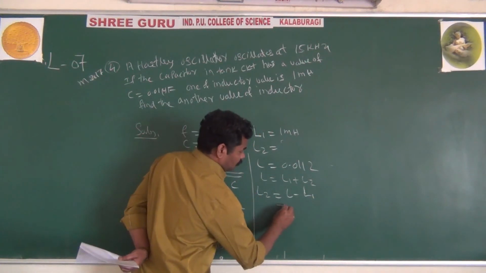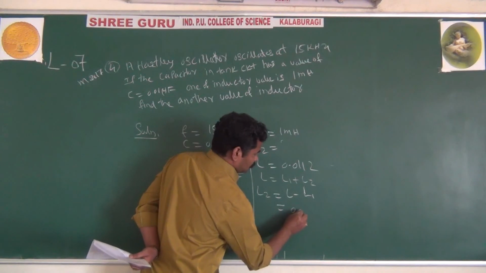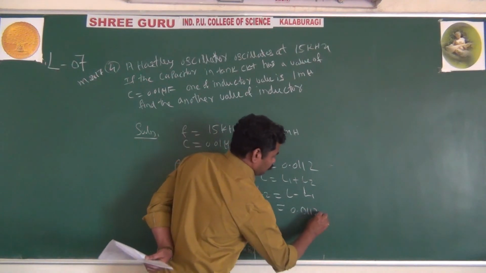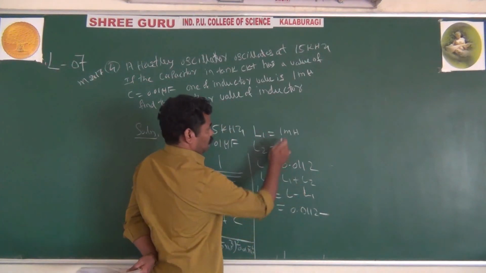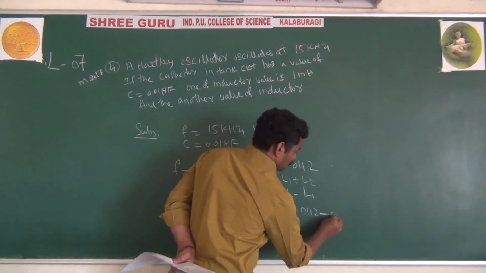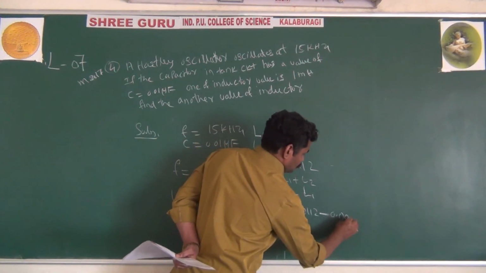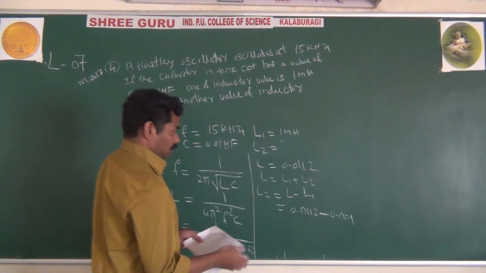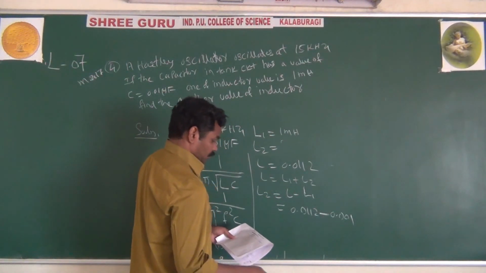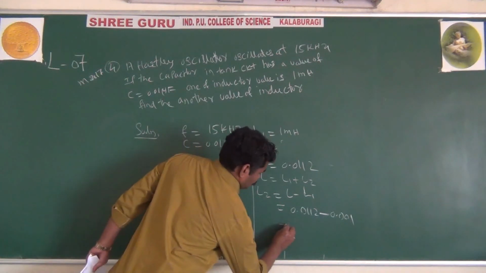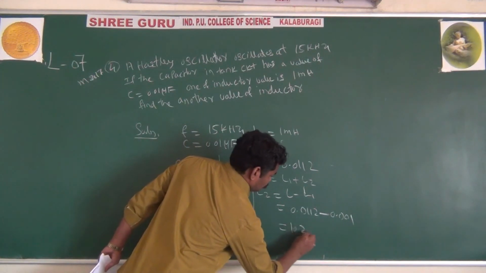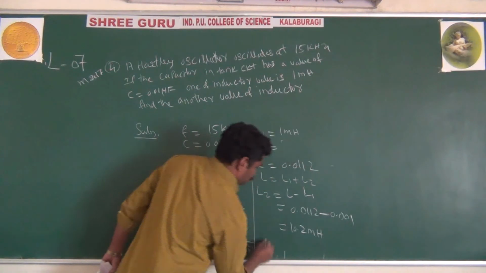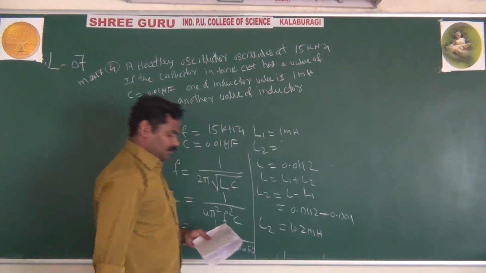And we know the L, that is 0.012 minus, we know L1 is 1 millihenry, that is 0.001. And after simplifying it, we will get nearly about 10.2 millihenries. That is your L2.